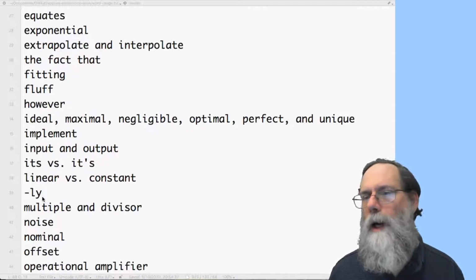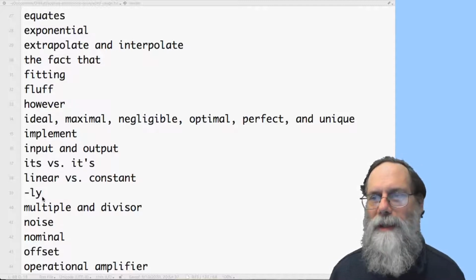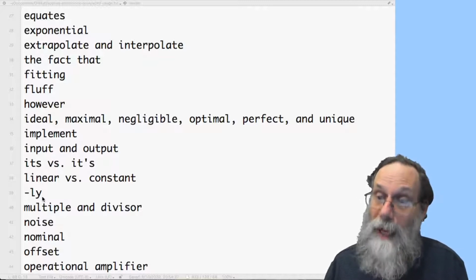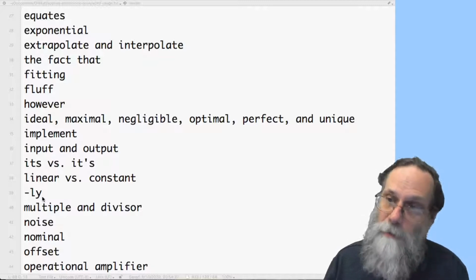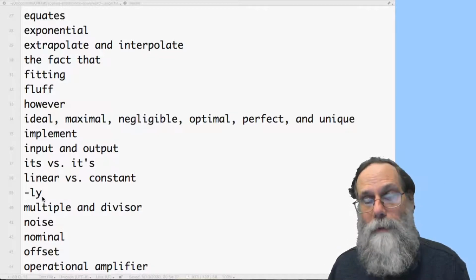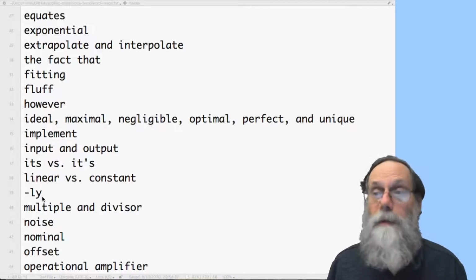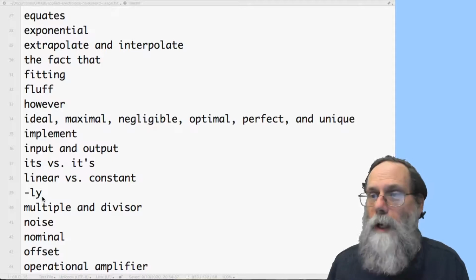The -ly. I'll put this a lot of times on people doing things where they've taken an adverb, something that's an adverb already, and stuck an ly on it as if it was an adjective that we were turning into an adverb. Now, there are times when it's perfectly okay to turn adjectives into adverbs. I mean, you say something's quick, you want to do something quickly, great.